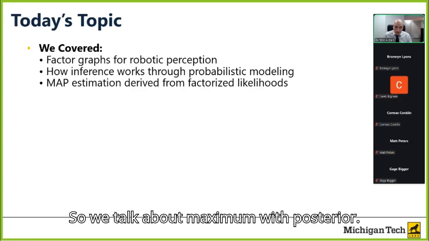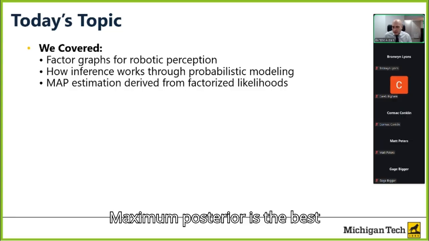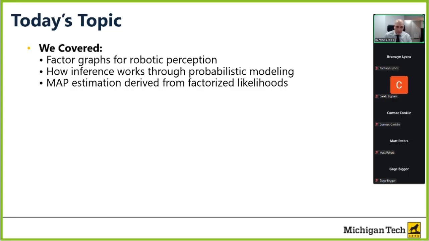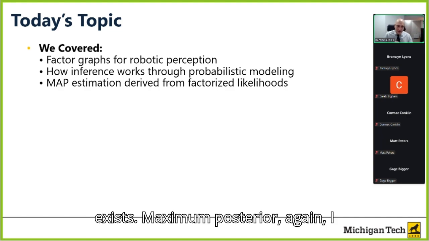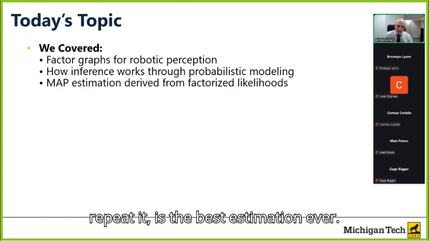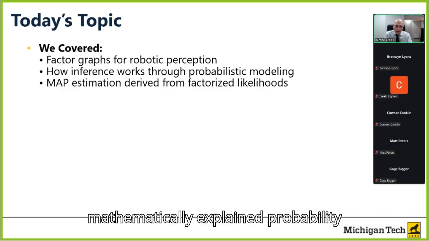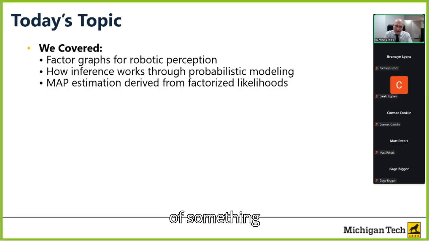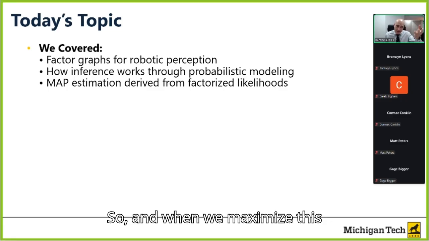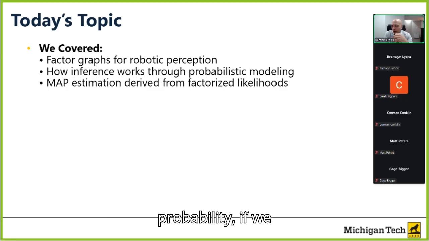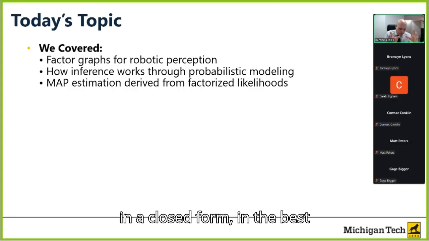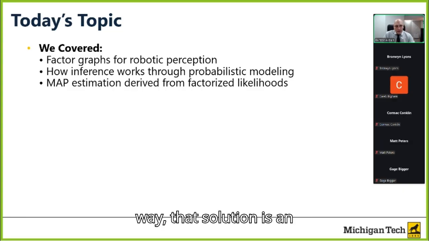So we talked about maximum a posteriori. Maximum a posteriori is the best estimation there is. Again I repeat, it is the best estimation ever. Why? Because it mathematically expresses the probability of something given some observations. When we maximize this probability, if we find it in closed form, in the best way, that solution is an optimal solution.